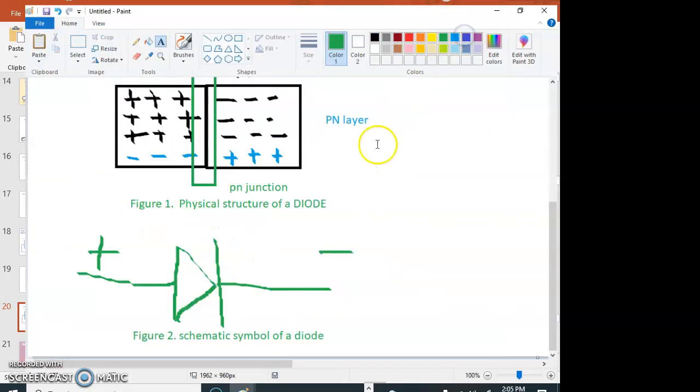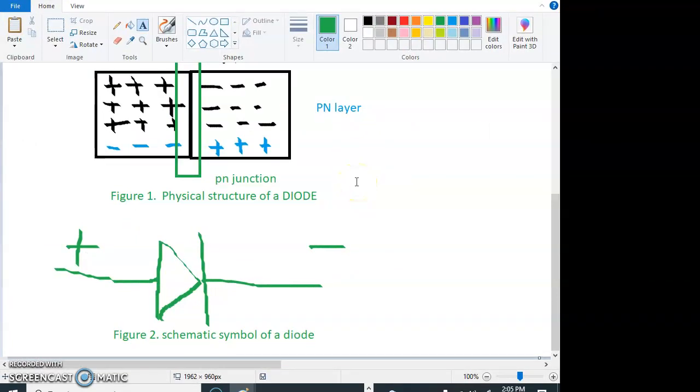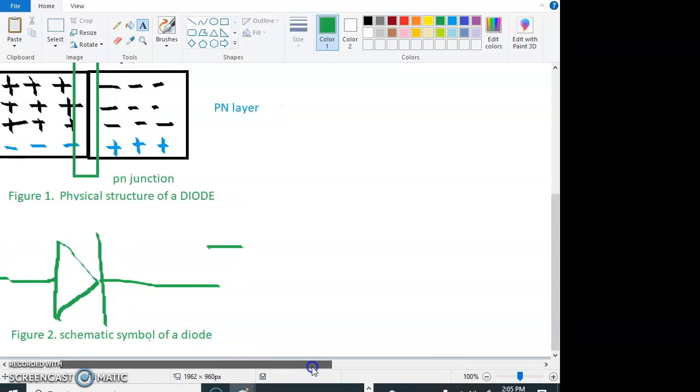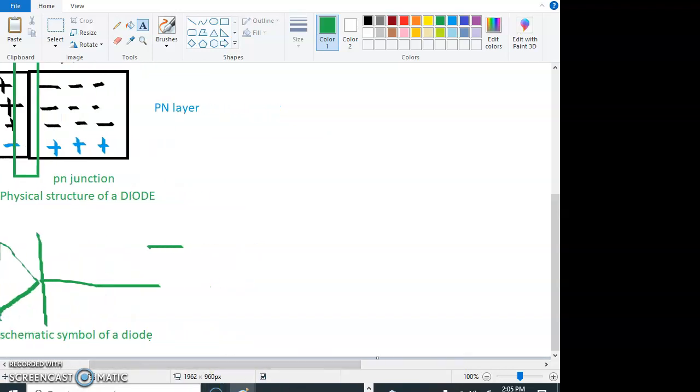Now that you have the physical structure and the schematic symbol, what is next is how do you use this diode? So we go now to what is known as diode biasing.